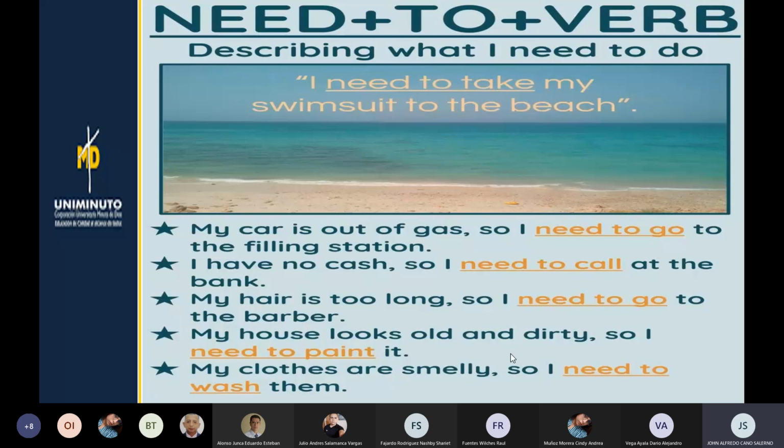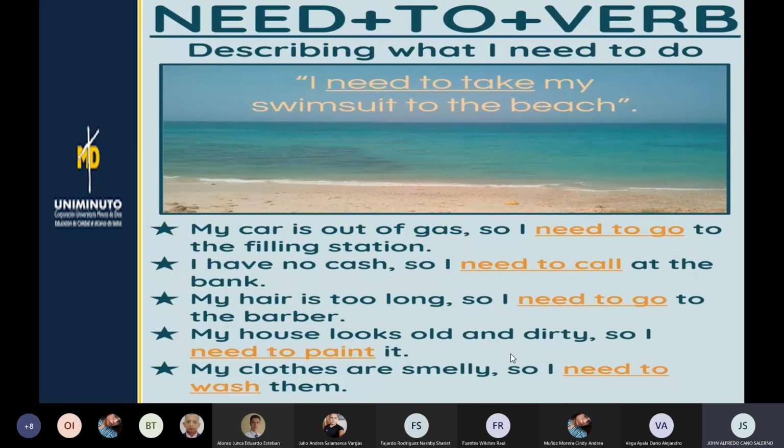Remember, need to is like a necesito, okay, necesito. Let's check example number two. My car is out of the gas, so I need to go to the filling station. It's like mi carro está sin gasolina, así que necesito llevarlo a la estación de gasolina, ¿no? The example number two, I have no cash, so I need to call at the bank. No tengo, ¿cierto?